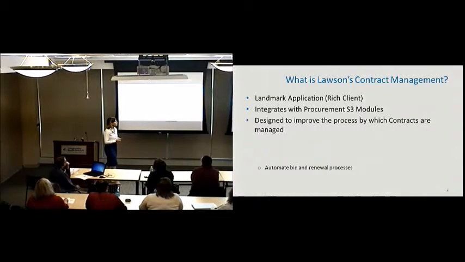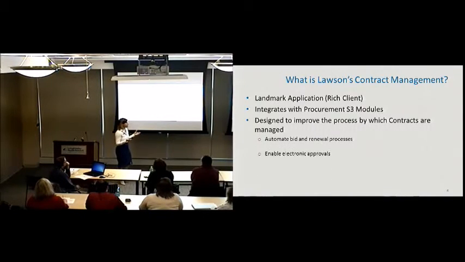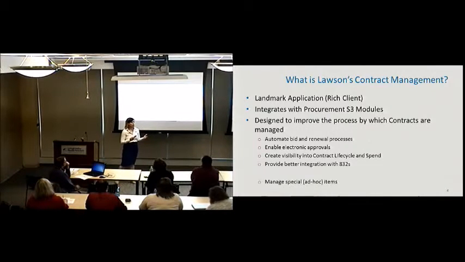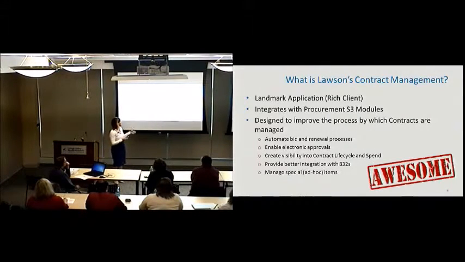So this application is designed to improve your processes, automate a lot of your bid processes. It creates a lot of visibility into the full life cycle of the contract, which you can't really do with PO25 today. So there's a lot of additional complexities that can be managed with this new application.